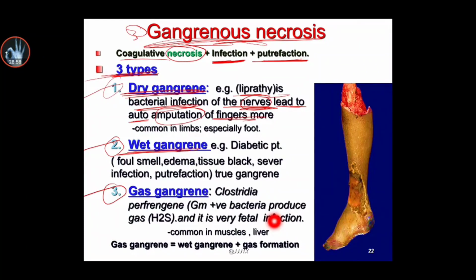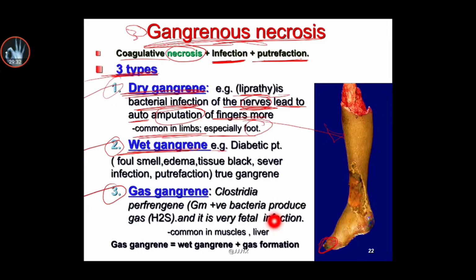That means the fingers are amputated or cut off spontaneously; the finger itself dies and is amputated by itself, without any intervention. Like for example in these pictures, at the end of the foot, common in the limbs, especially the foot, as in this picture.